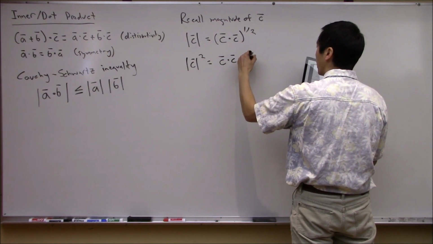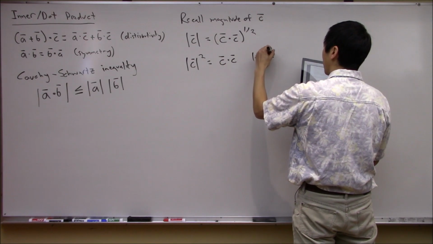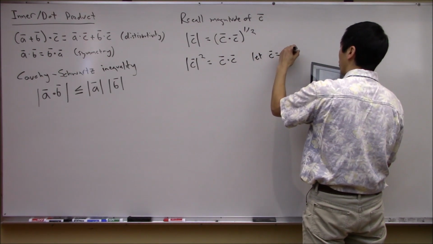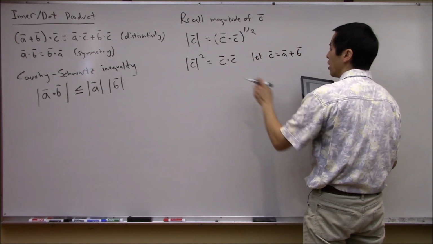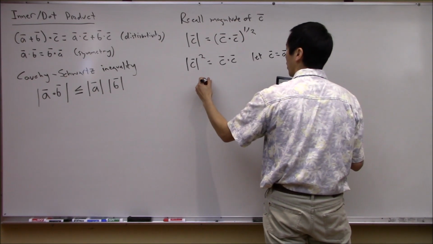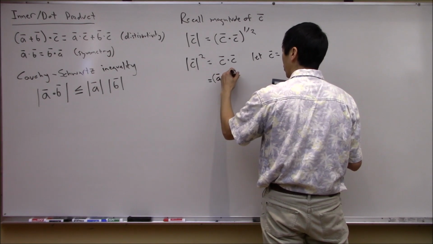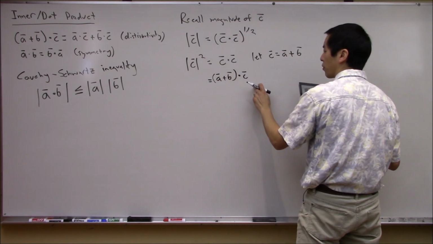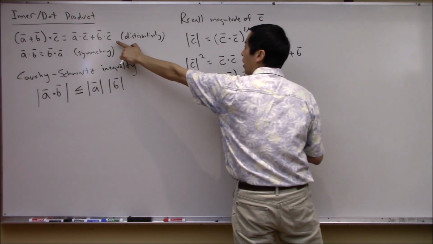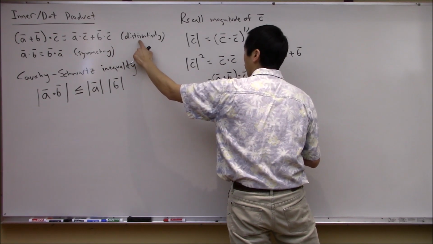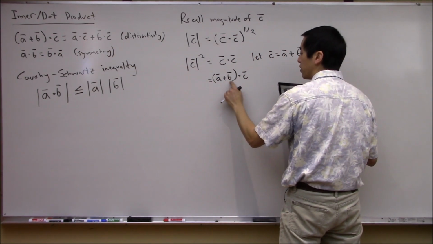Now let's let C equal the sum of two vectors, A and B. Let's replace this first one here with A plus B, dotted with C. Now let's apply our distributive property of the inner product and distribute this C through.